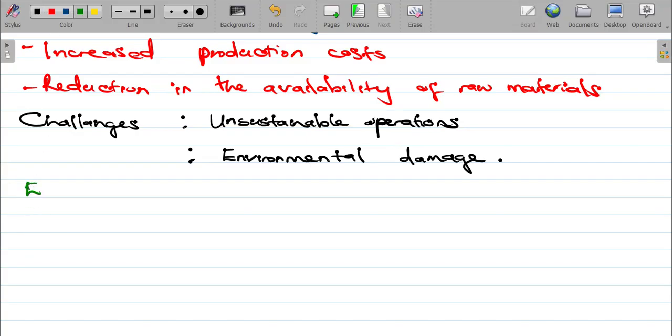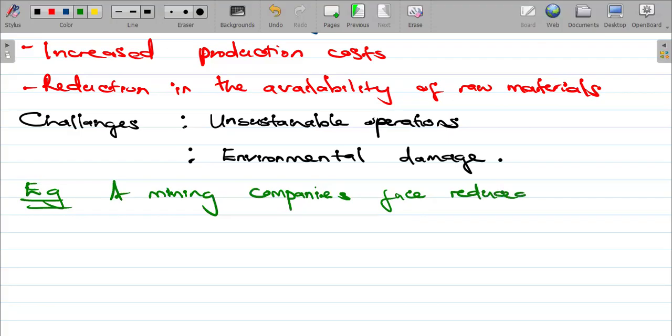Example, a mining company faces reduced output due to depleted mineral reserves.